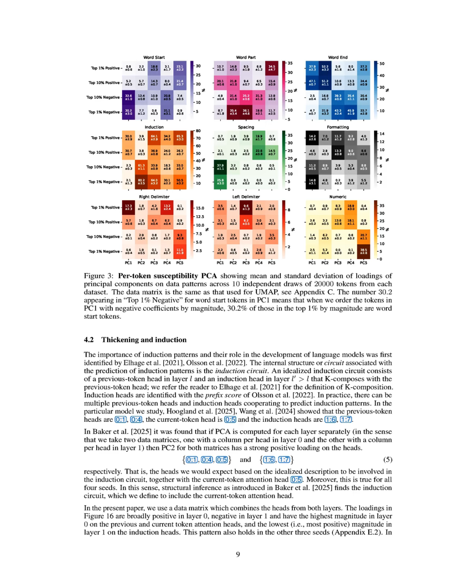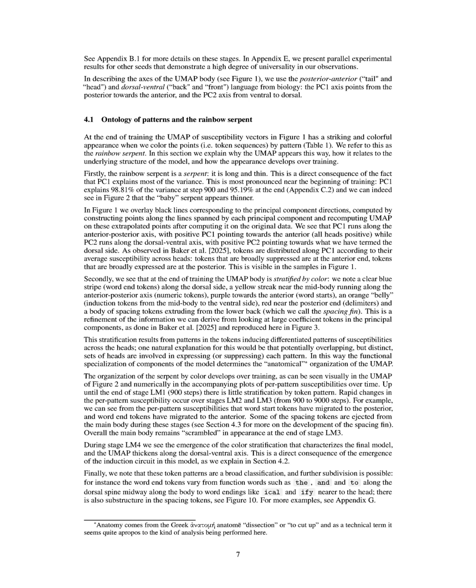In this study, we validated our method by applying UMAP to the susceptibility vectors derived from a 3M parameter, attention-only transformer model, trained on a subset of the Pile dataset. We focused on the per-pattern susceptibilities and their evolution over training, particularly observing the emergence of structures like the induction circuit and the spacing fin. The effectiveness of our method was supported by visualizations that showed clear stratification of token patterns in the UMAP projections, which were quantitatively corroborated by tracking changes in per-pattern susceptibilities at various training stages.